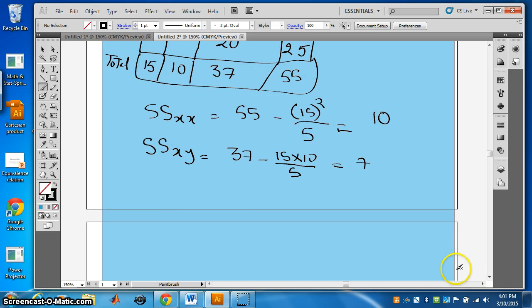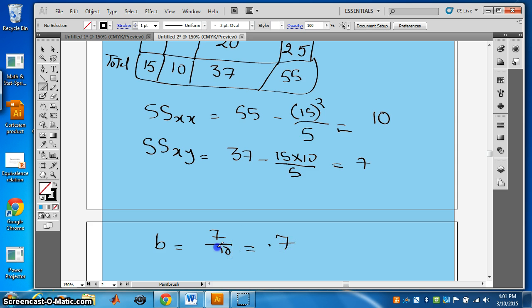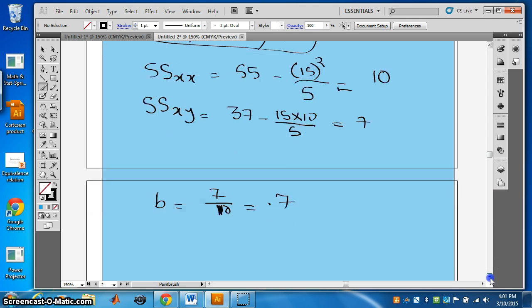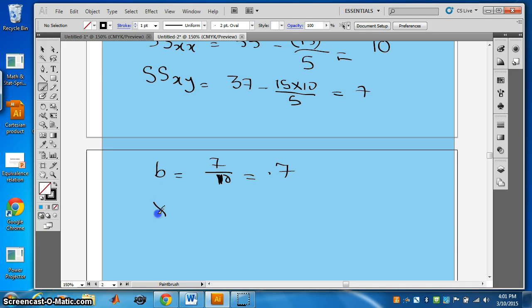Now with this we can find b. What is b equal to? SSXY divided by SSX. So this will be 7 by 10, which is equal to 0.7. B is 0.7. Now I will find the mean of x. Mean of x means sigma x by n, which is equal to 3.